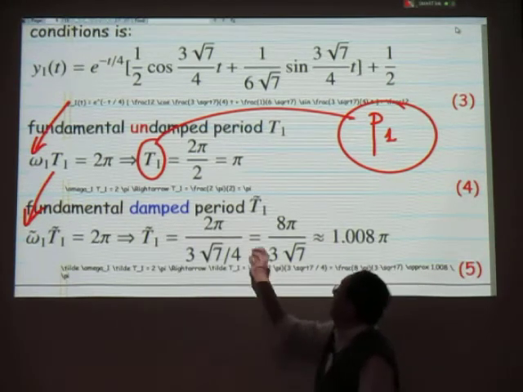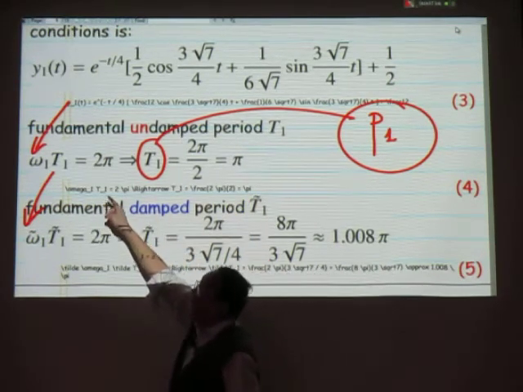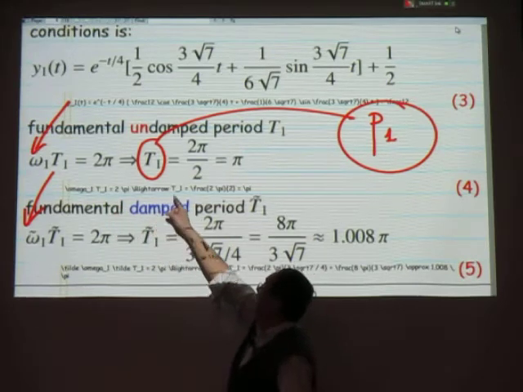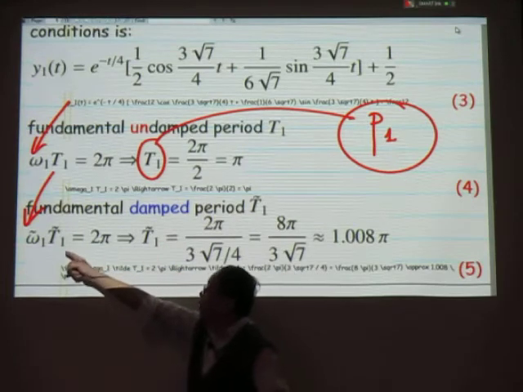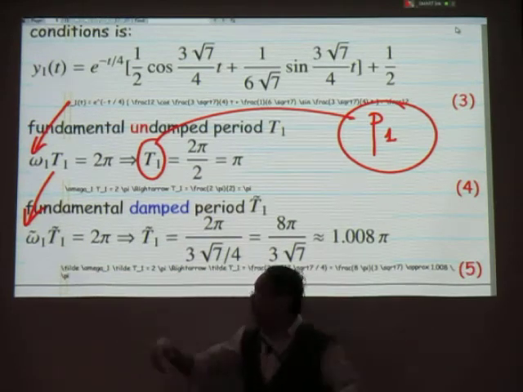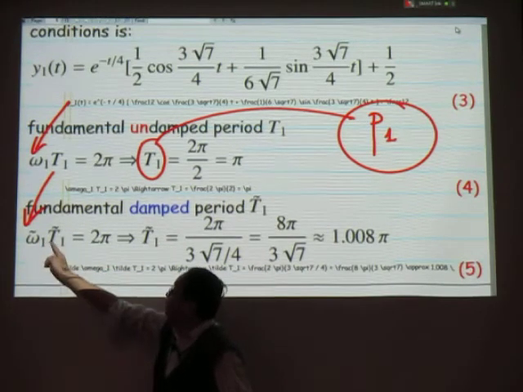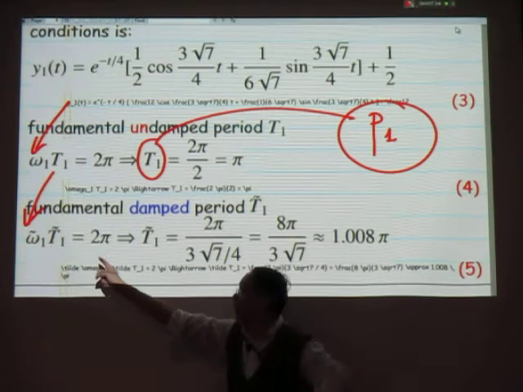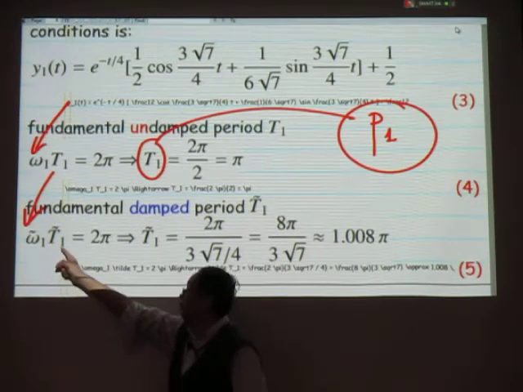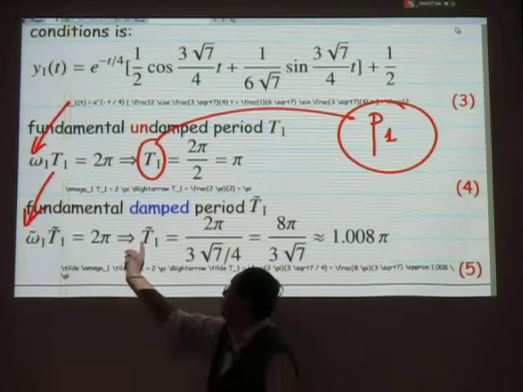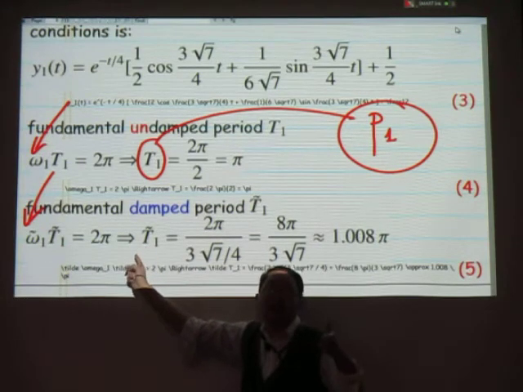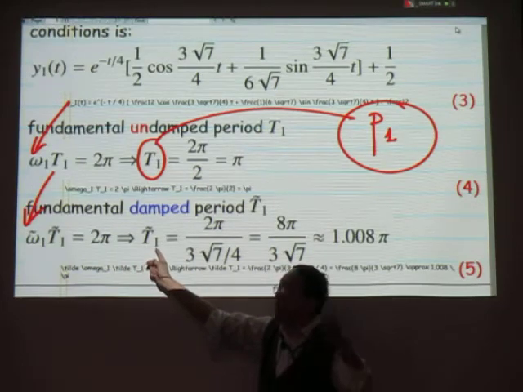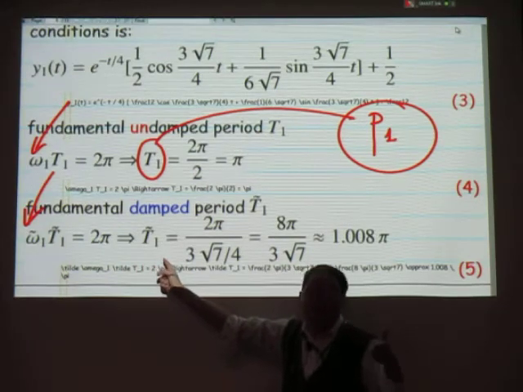But the point here is that if you use the undamped case, then this is the undamped period, and that's pi. And when you consider damping, with omega tilde 1, which you have seen the number for in my review earlier, then you can compute the damped period. So the damped period is a period with the presence of damping.